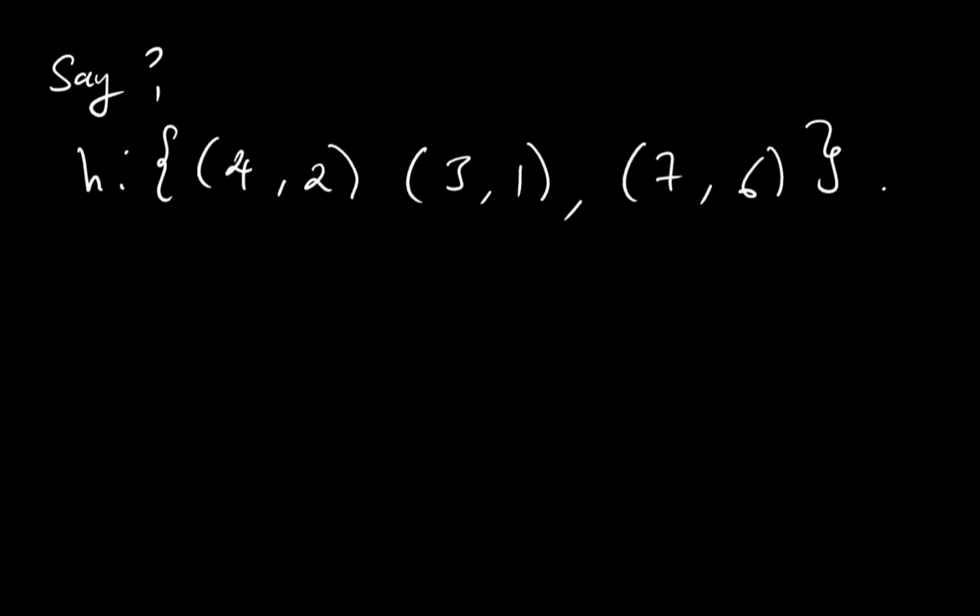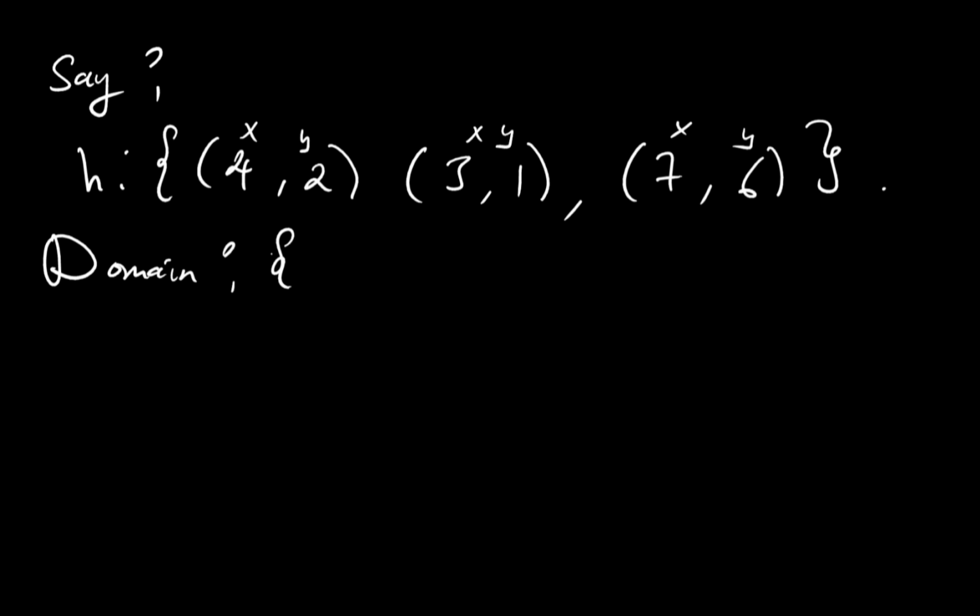Now, if we were asked to identify the domain or the range, we can say that the domain should be all the possible x values. So this is xy, xy, xy. We should always start with the smallest number, in ascending order.